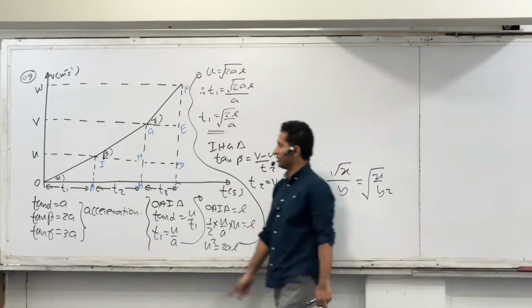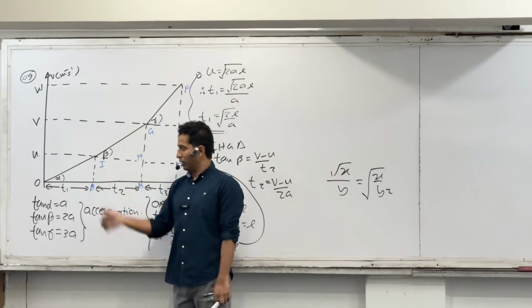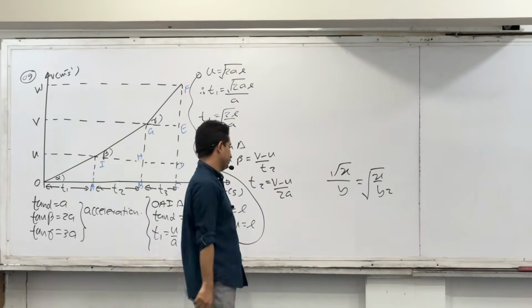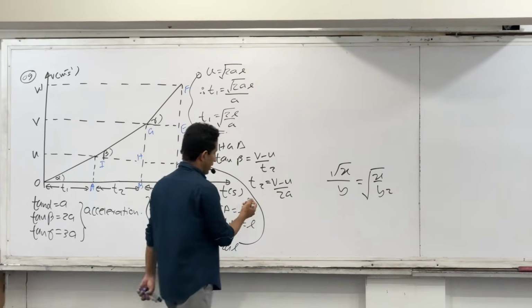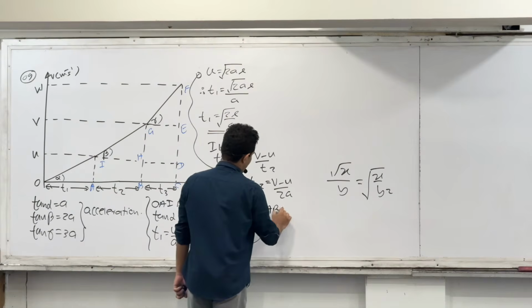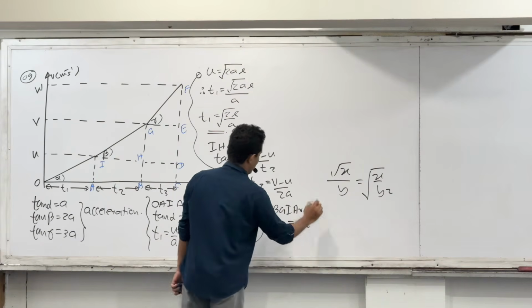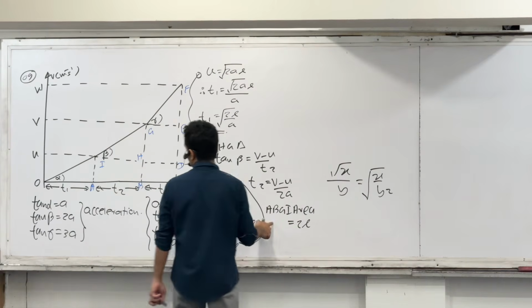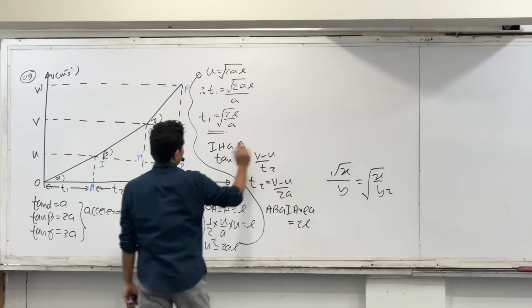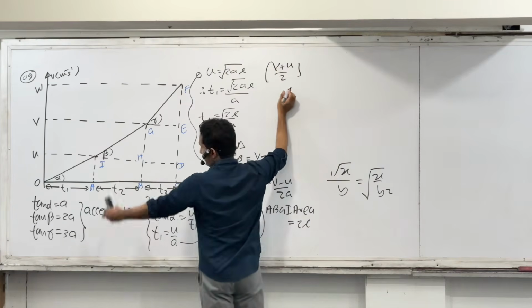Now you can write an expression for this area. Now this area is equal to L. The area ABGI equals L. Now this is the trapezium: V plus U divided by 2 times T2.